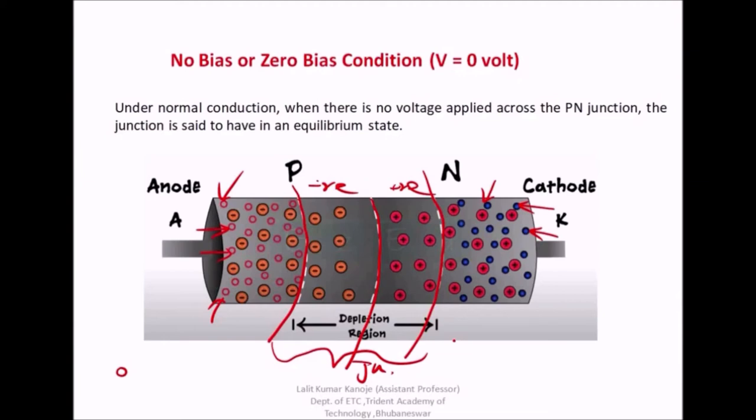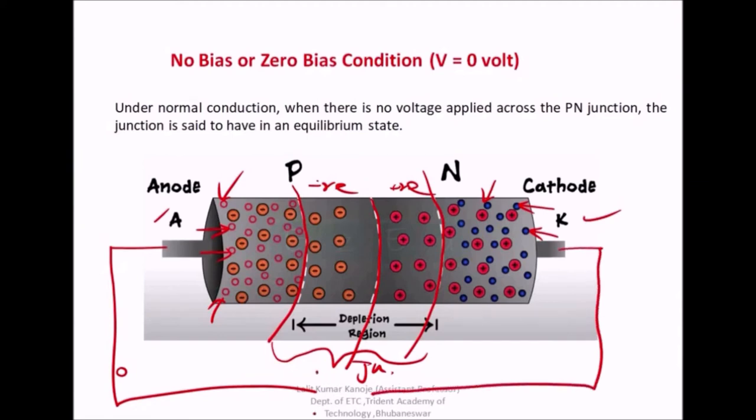A diode can be connected in 3 different ways. Connect a 0-volt battery across the diode. What do you mean by a 0-volt battery? Does a 0-volt battery exist in this world? No, it doesn't exist.